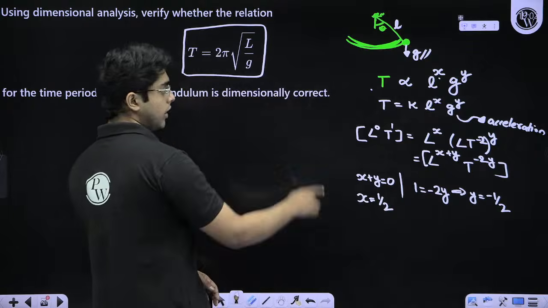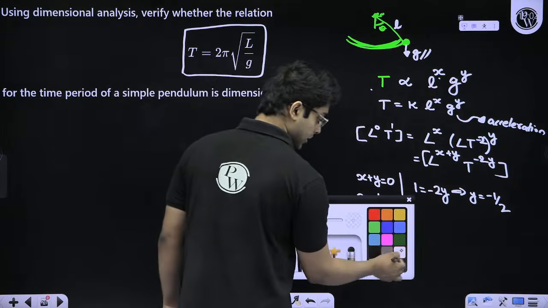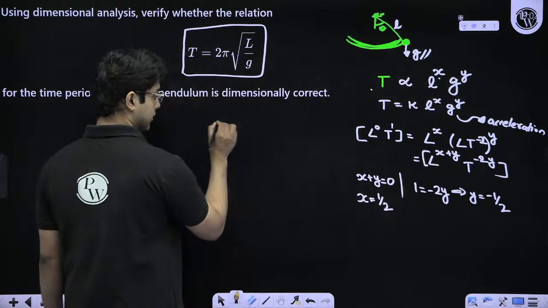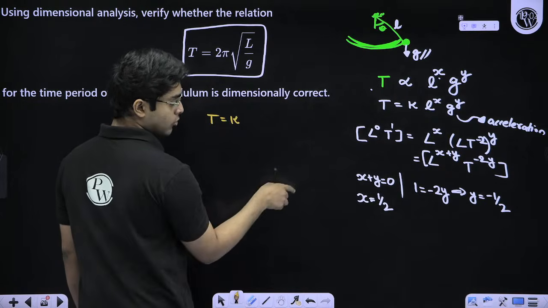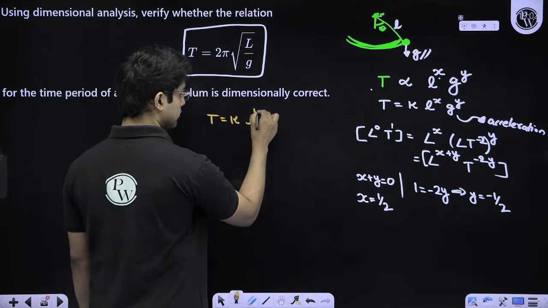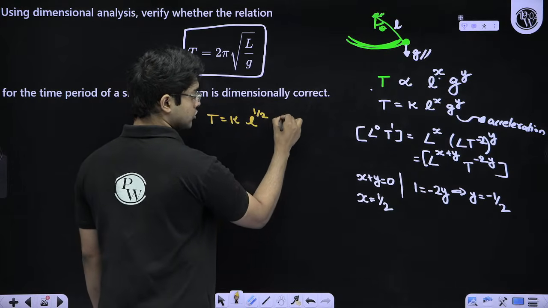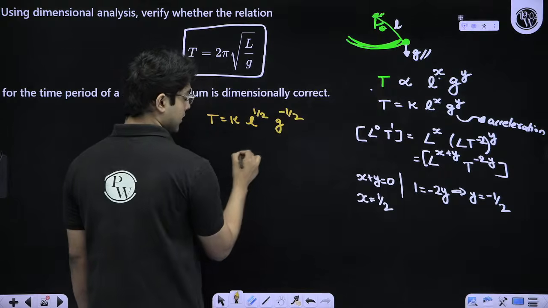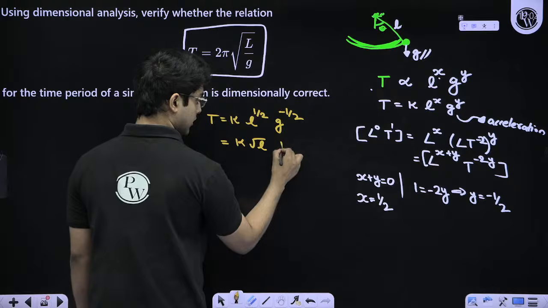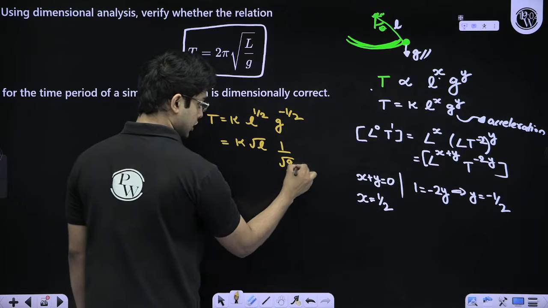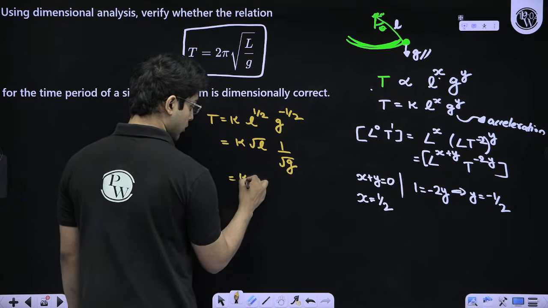Now, once you have x and y, you can get an approximate formula. So time period is k into L raised to x, which is L raised to half, and g raised to y, which is minus half. So this is k into root L divided by root g, which is k square root of L by g.